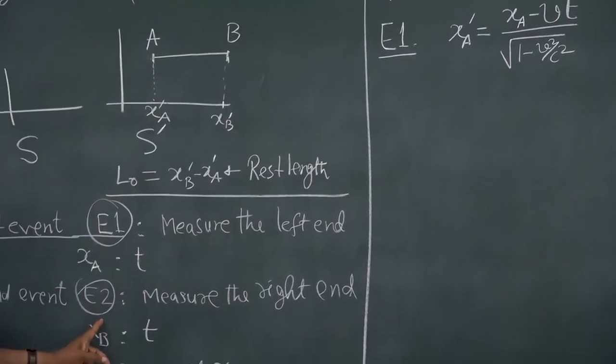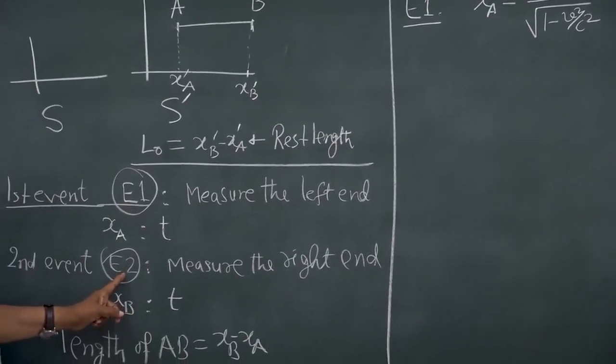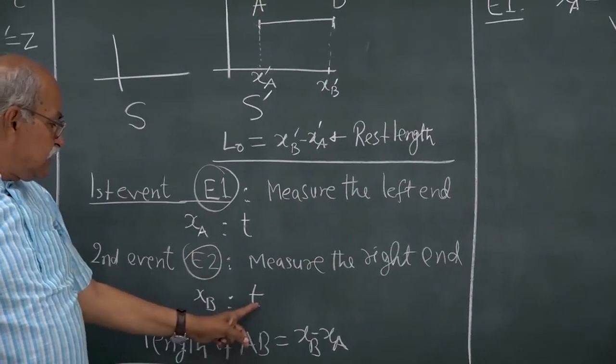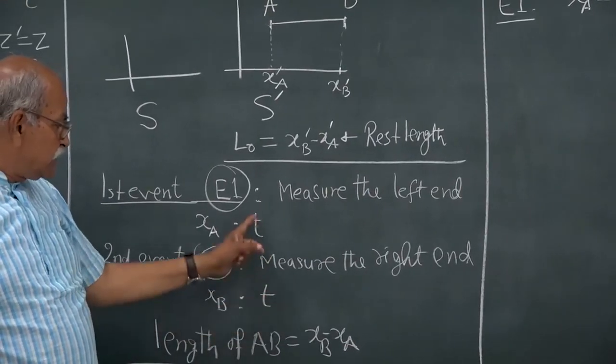Now, come to event E2. The x coordinate is x B and the time of this event is this t, and this t has to be the same.